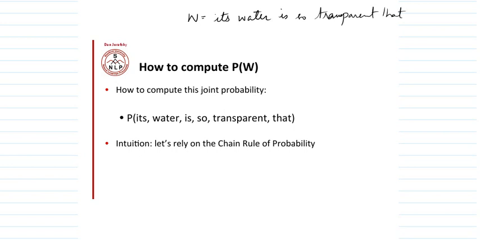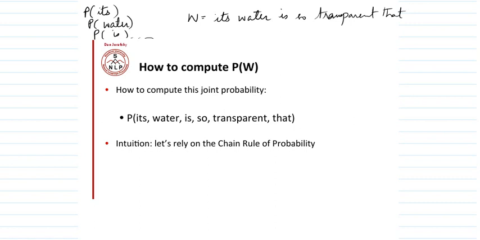We are making an assumption that we know the probability of these individual words. We know the probability of its, the probability of water, the probability of is, and so on. We will see later how we calculate the probability of individual words.